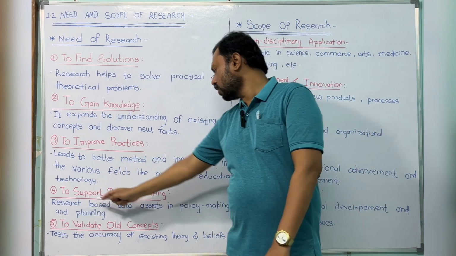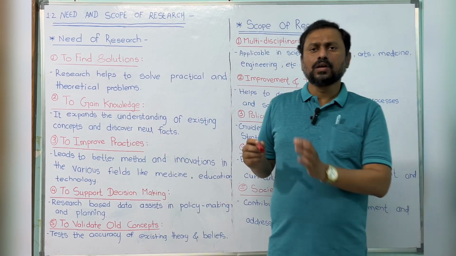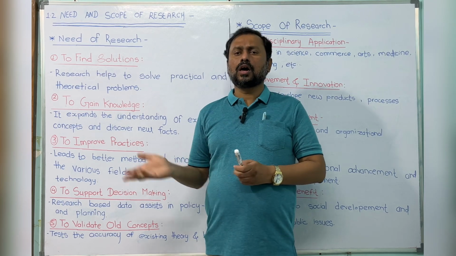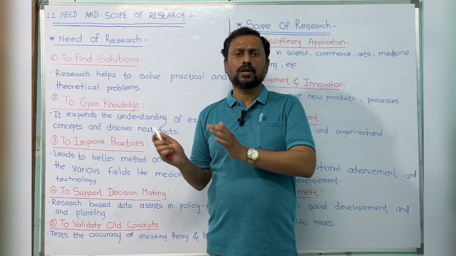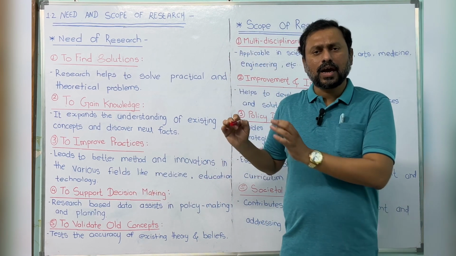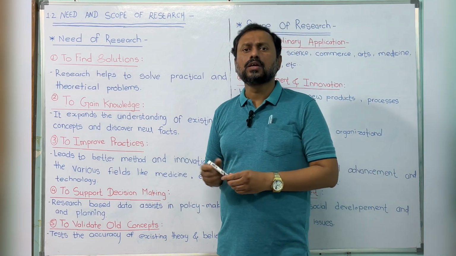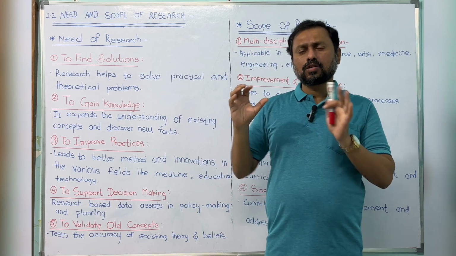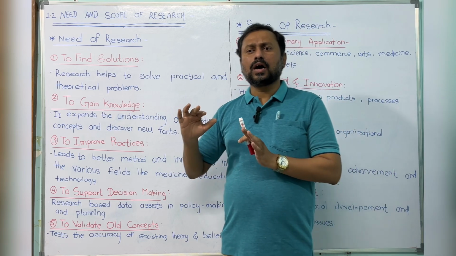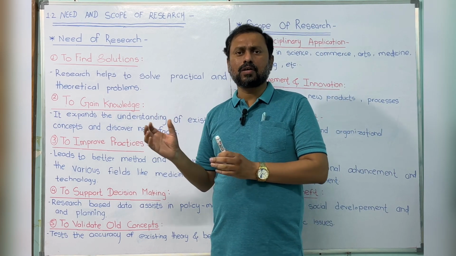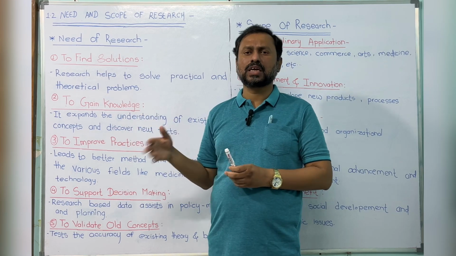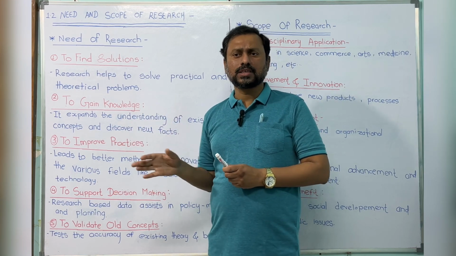Next one is to support decision making. The government is planning improvement of the Ayurvedic field. How are they planning? After research only. They are doing research on whether simple treatments or simple remedies can cure simple, common diseases without using antibiotics or strong analgesics.